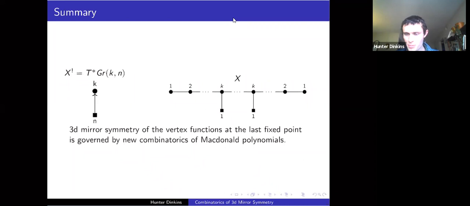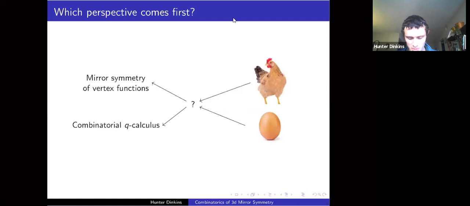There's maybe one big glaring question about this perspective, and it's which one should we think of as coming first? The way I talked about it today, we start with this mirror symmetry of vertex functions, and we end up reducing it to some combinatorial result, and then we scour the combinatorial literature and we find the result, and then we deduce that mirror symmetry of vertex functions is the case in this example.